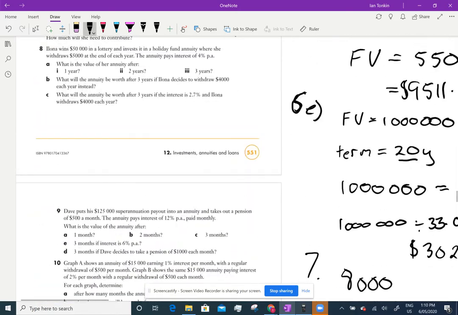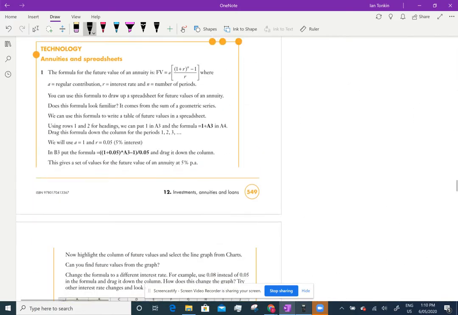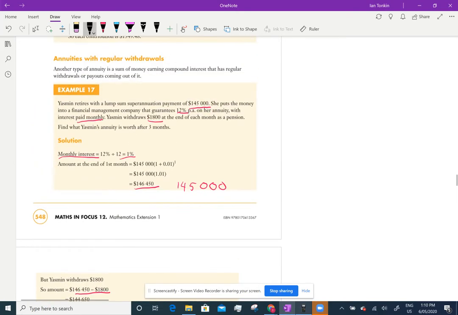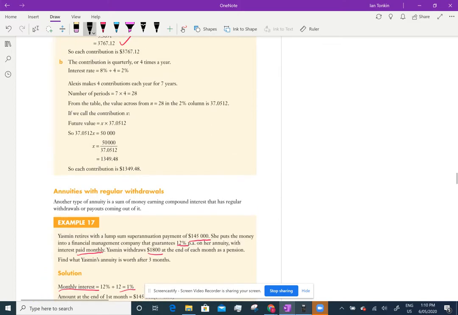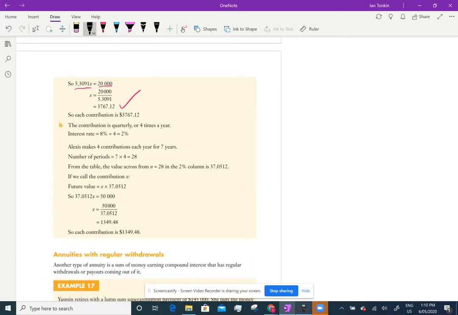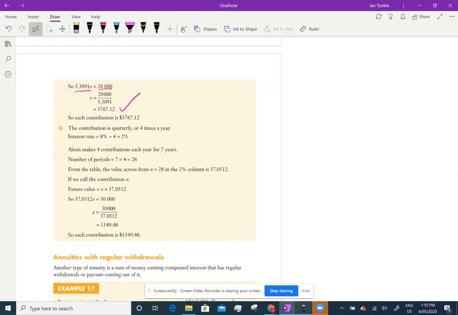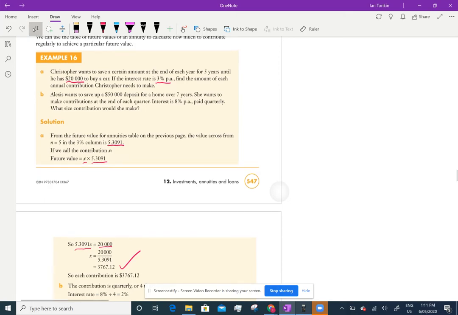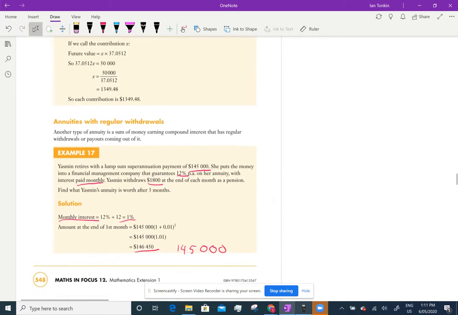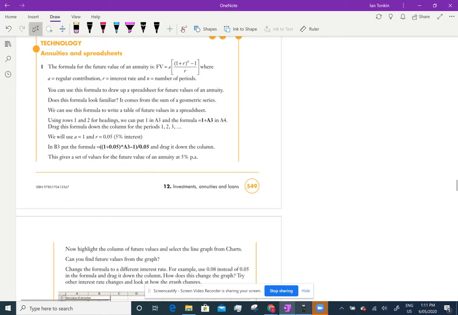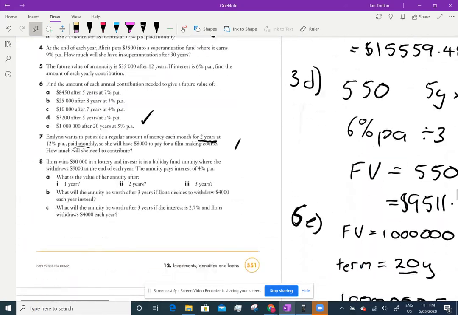I don't know why I'm getting different answers. Let's have a look at their example and make sure I'm doing it correctly. I'm sure I'm right with those ones.